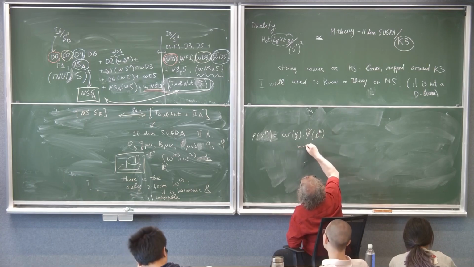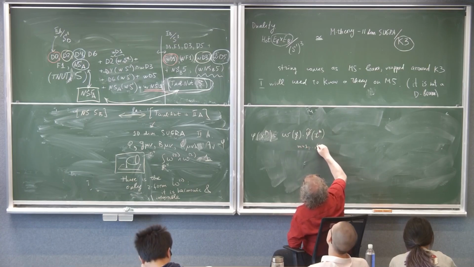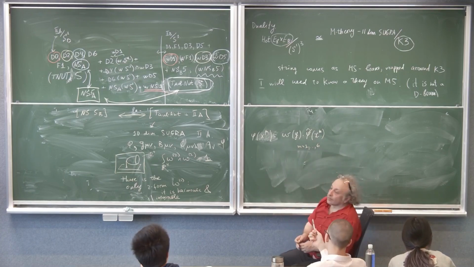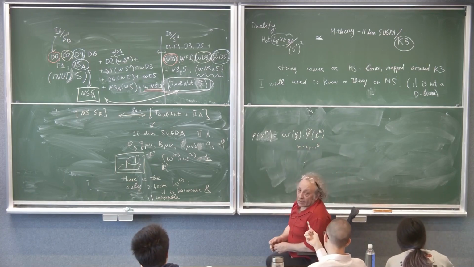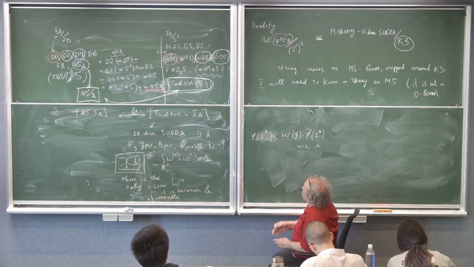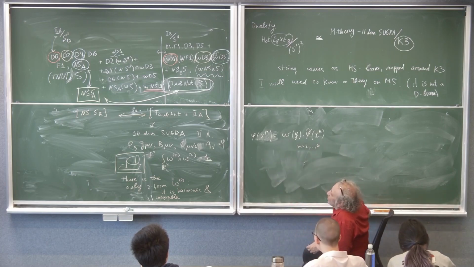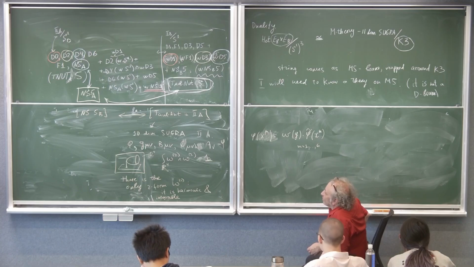Now m is going from 1 to 6. Wait, once again, phi is the collection of all the fields? Yes, collection of all the fields. So with the collection of all the fields, I can do this.